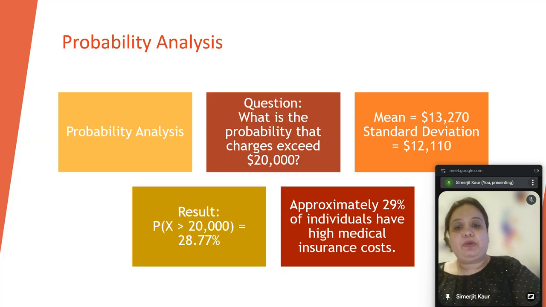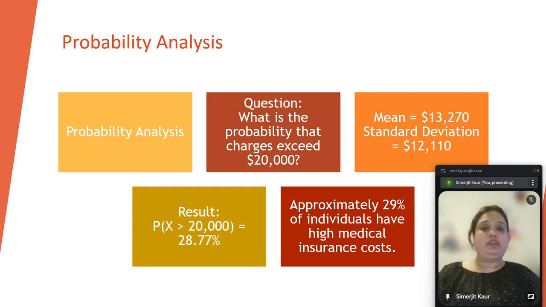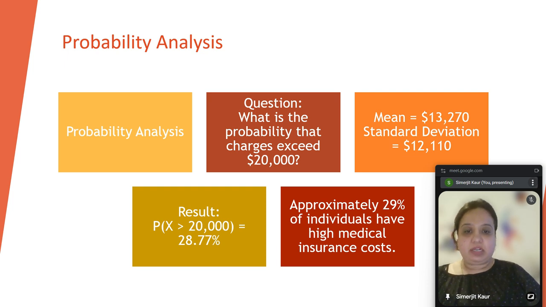Probability analysis. Probability analysis was conducted using medical insurance charges. The mean insurance charges was 13,270 and the standard deviation is 12,110. The probability question investigated was the likelihood that insurance charges exceeded 20,000.